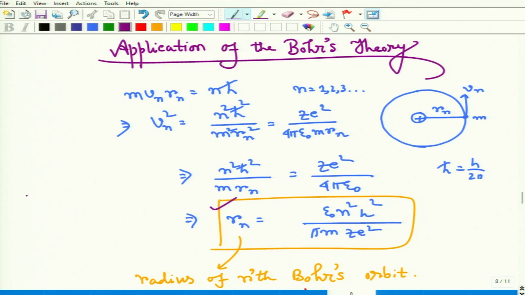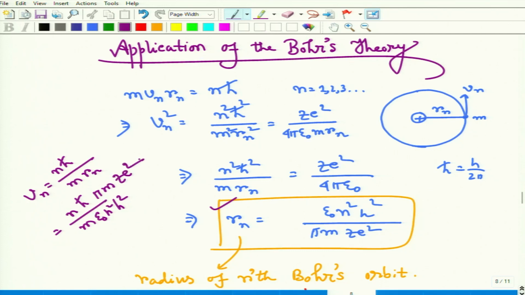Okay, so Vn is actually nħ divided by m Rn. So nħ by m. Now Rn is ε₀ n² h² by π m Z e².